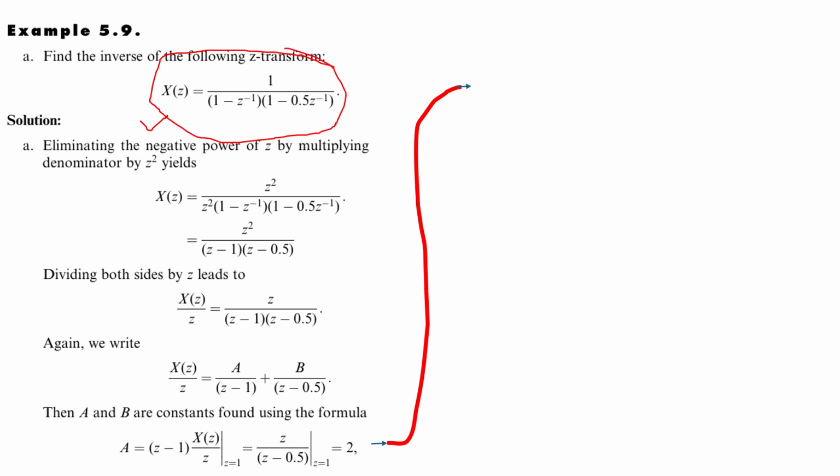We will break X(z) divided by z, rewriting the equation as A divided by the first denominator factor plus B divided by the second, so that we can get the values of A and B. Once we get A and B, since the denominators are z minus 1 and z minus half, we already know the z transform of u(n) and a to the power n u(n), right? So we will convert back.